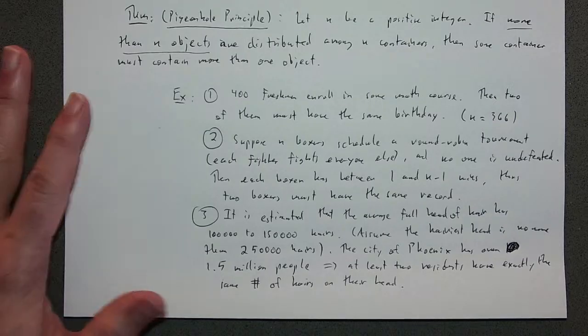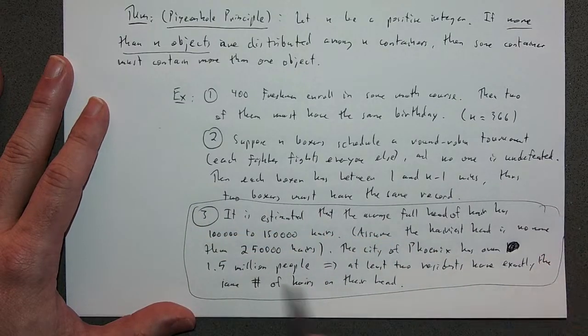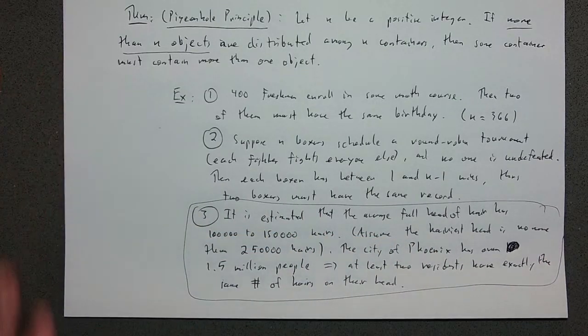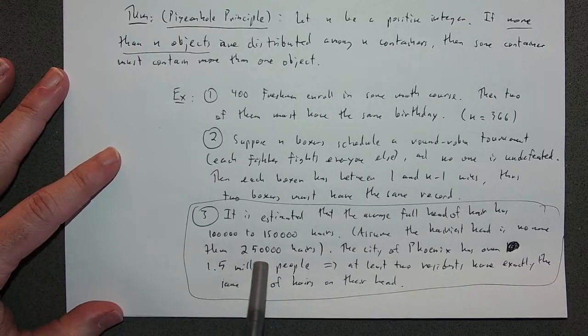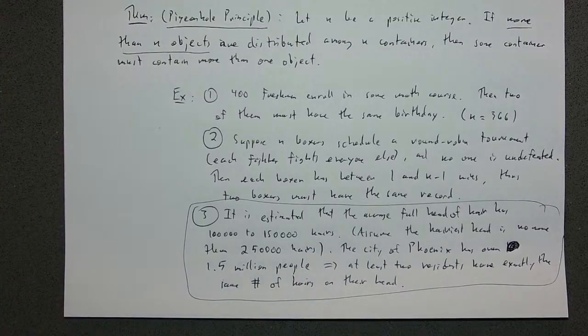In fact, in this last example, because of the disparity, we can actually say more. If the person with the most hairs on their head has 250,000 hairs, there's 1.5 million people. This is more than 6 times the maximum number of hairs per head.